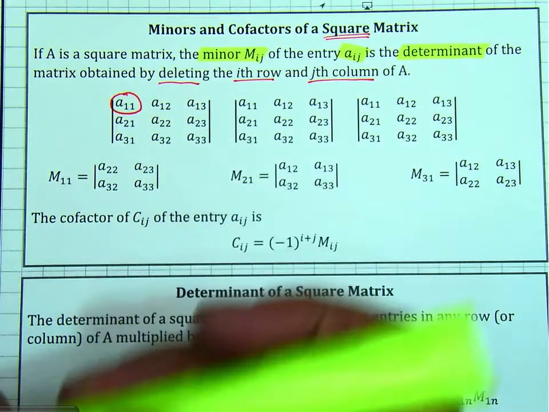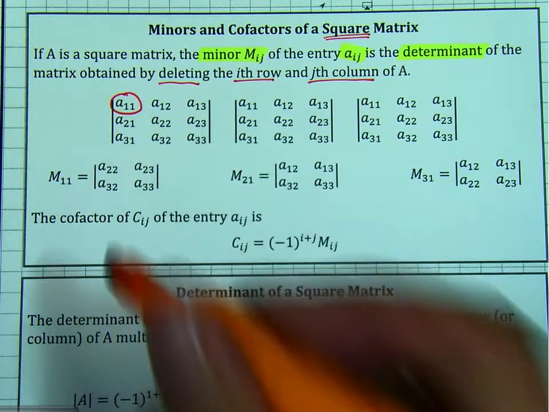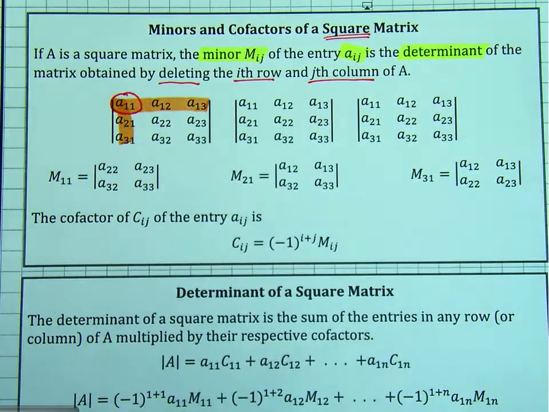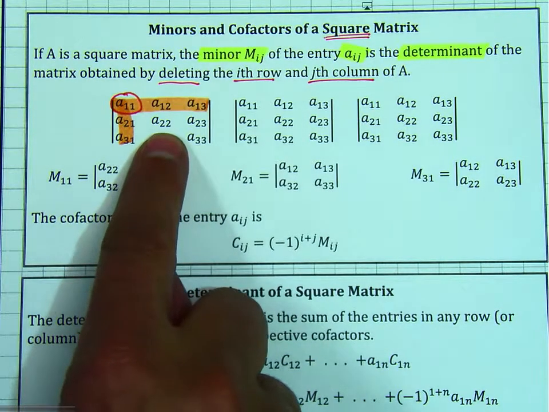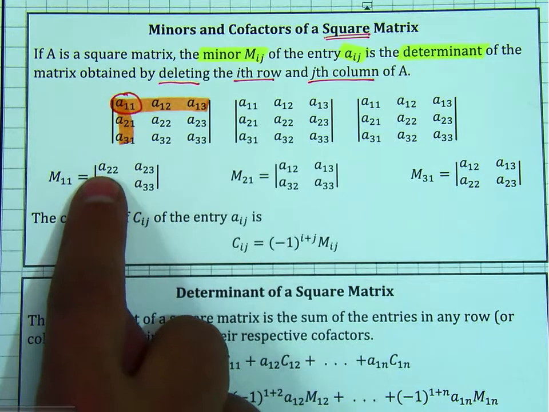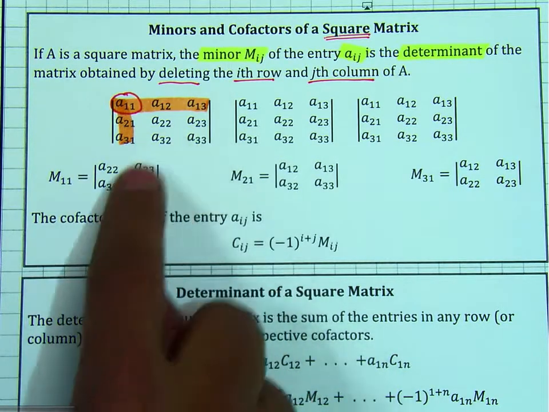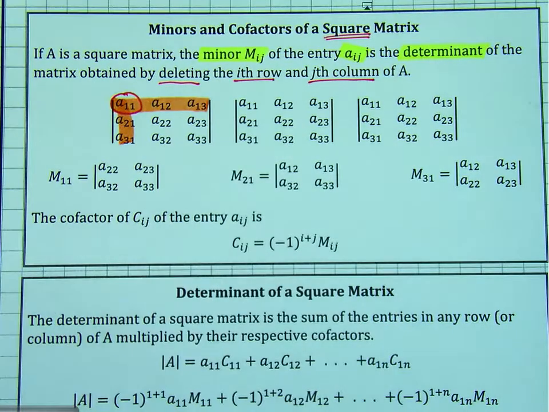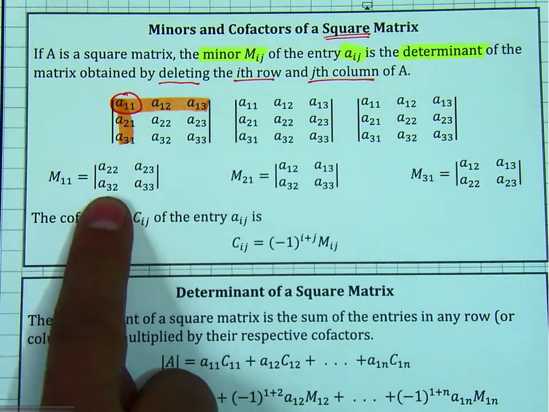So therefore, I'm going to delete those two. And what I end up with will be A22, A23, A32, A33. Then we are going to calculate the determinant of this.